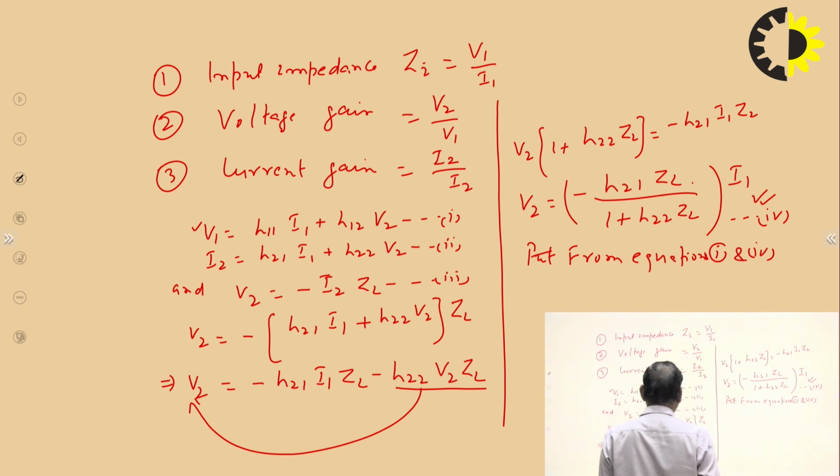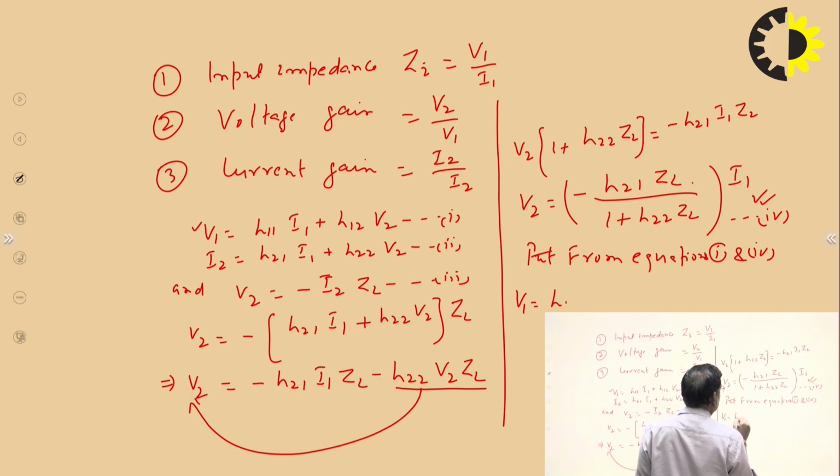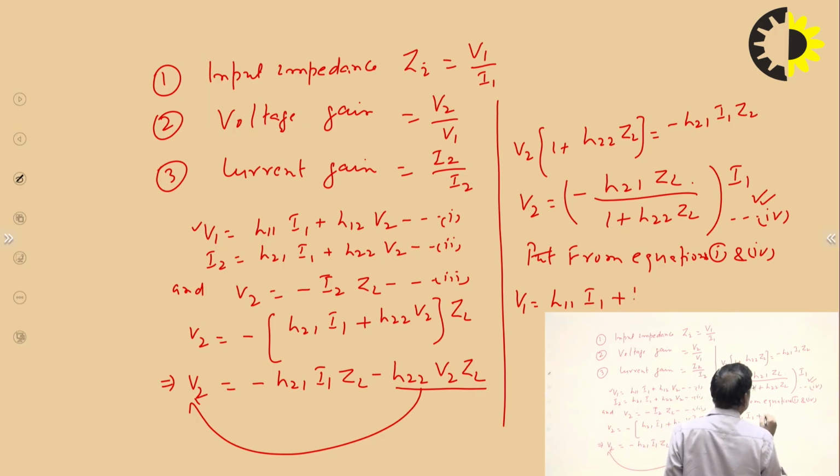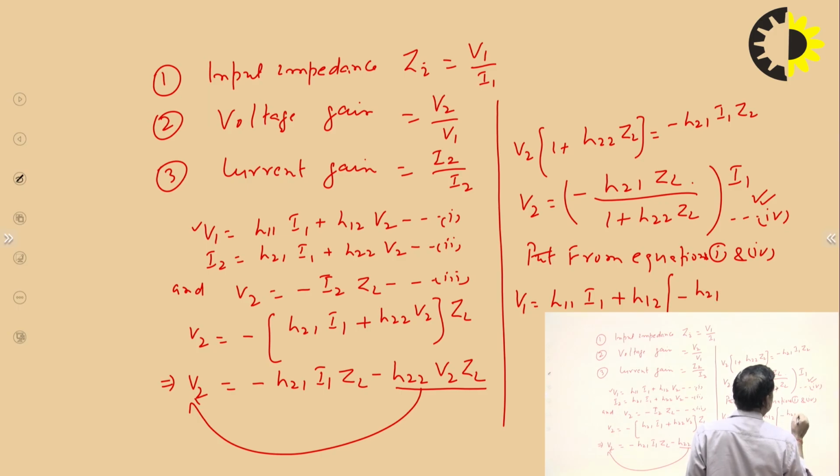So V1 is equal to H11 I1 plus H12, and in place of V2 write this one, minus H21 ZL upon 1 plus H22 ZL into I1.